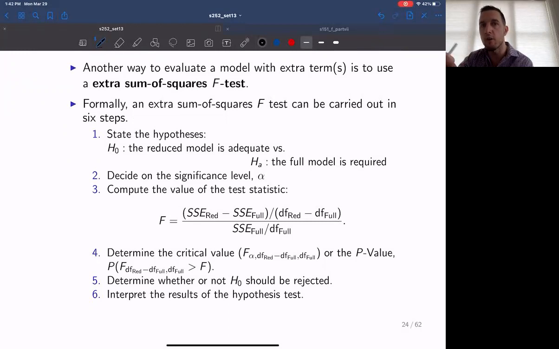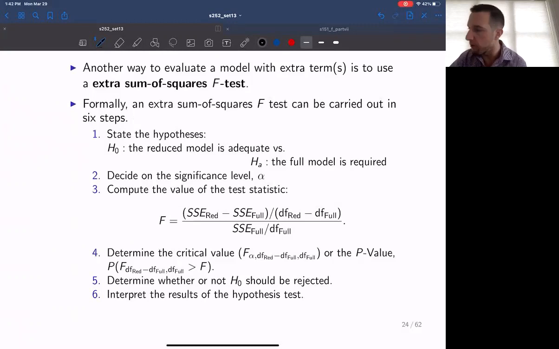This test is called an extra sum of squares F-test. What it does is say the reduced, or smaller, model is a sufficient fit for the data. So the null hypothesis assumes that the smaller model is good enough, and the alternative says no, you need the bigger model.